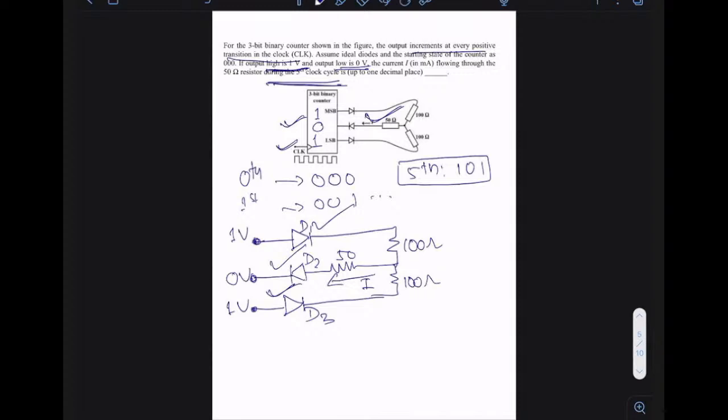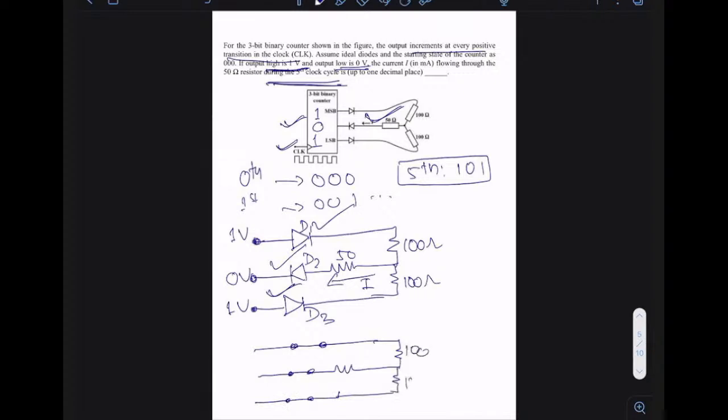So what is the consequence of this? Once the diode is forward bias, the diode will be replaced by a short circuit, because it is the ideal case. And again, the next diode is also replaced by a short circuit, and again the next diode is also replaced by a short circuit.